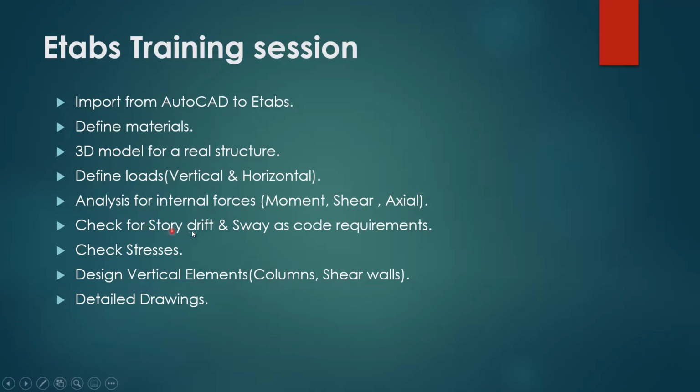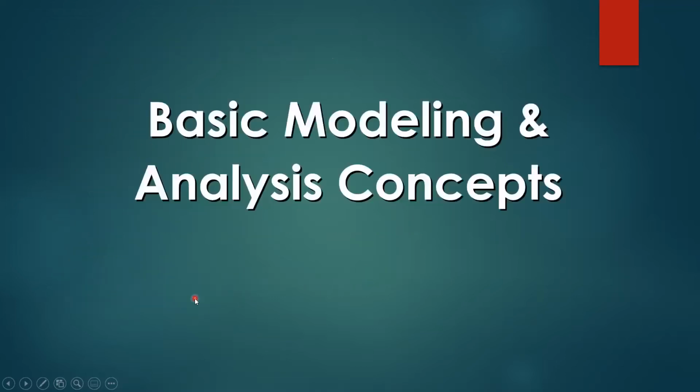And we can check the story drift and the sway based on the code requirement, check the stresses, design the vertical elements, and finally make detailing drawings showing how the rebars are distributed. Also, if we have time, we can make a bill of quantity. But first, the basic modeling and analysis concept.